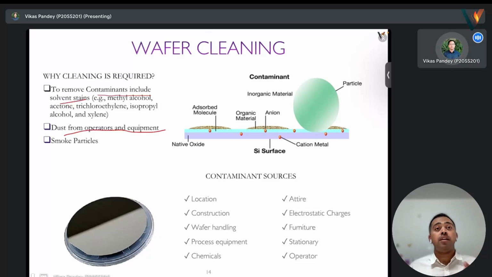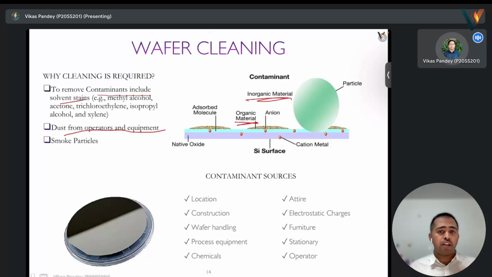Then there can be some smoke particles, small particles that have come over it. So there can be different types of contaminants. They can be either organic material or inorganic material. Some organic materials are methyl alcohol, acetone, and these stains. Then some inorganic materials, like anions and cation metals, can be there.